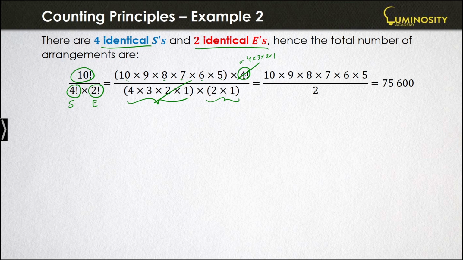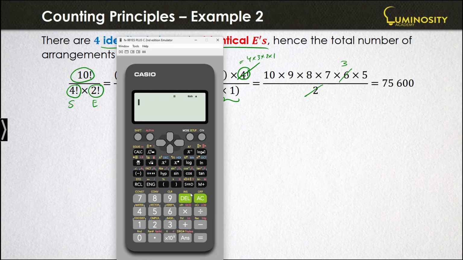So you're left with 10 times 9 times 8 times 7 times 6 times 5, all divided by 2 times 1, which is 2. Then you can divide the 2 into any of the numbers. We could divide 2 into 6 and get 3, or divide 2 into 8 and get 4, but you're just dividing out once. Algebraically, if you put that in your calculator, you should get 75,600.